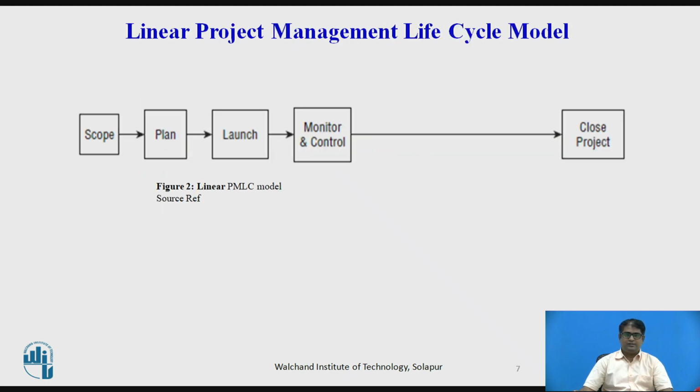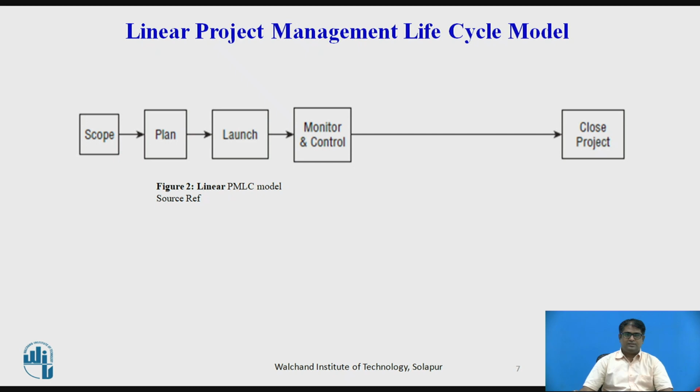Linear project management lifecycle. The figure shows here the linear model approach to project management. The five process groups are executed once in the order shown in the figure. There is no looping back to repeat a process group based on the learning from a later process group.